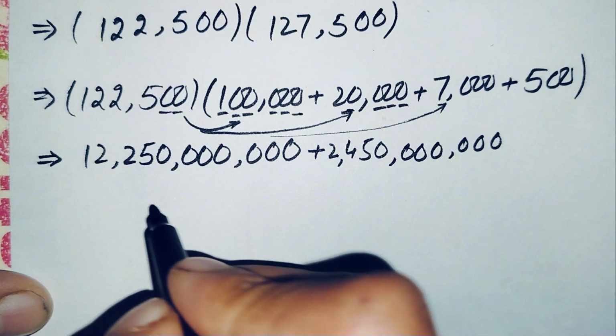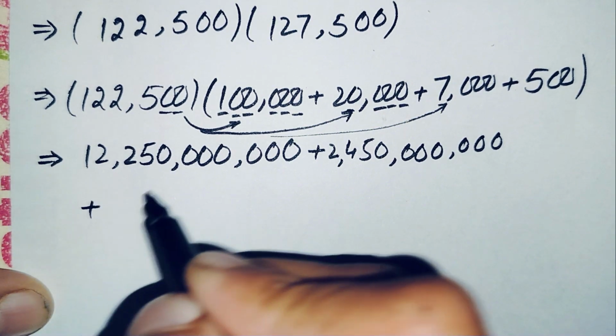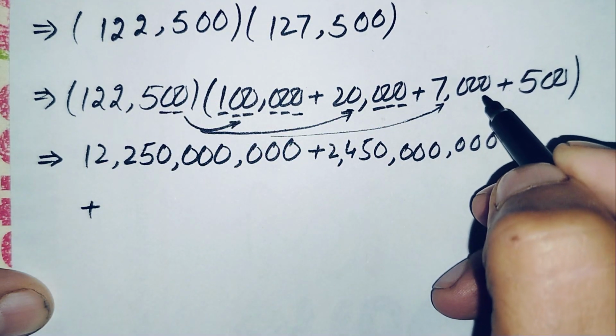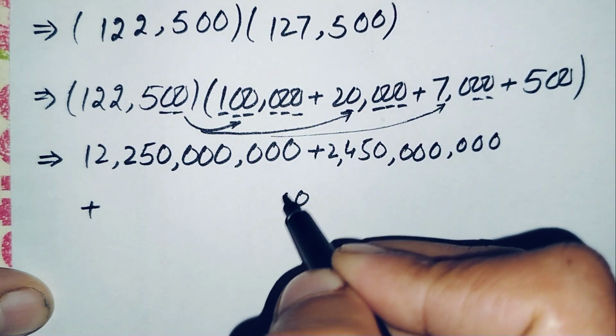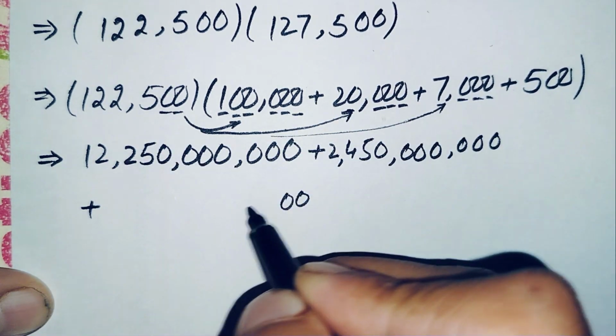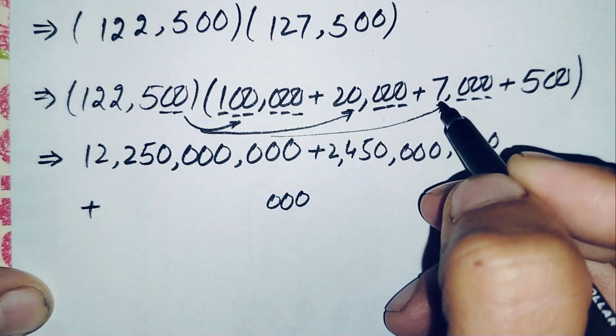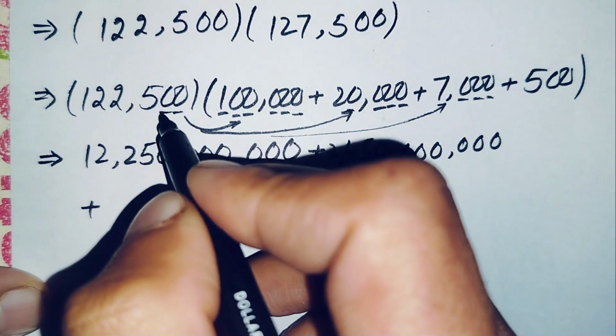Now we multiply this number with 7,000. Plus, this number times 0 is again 0, 0, 0. Here we have to multiply 7 with this number.